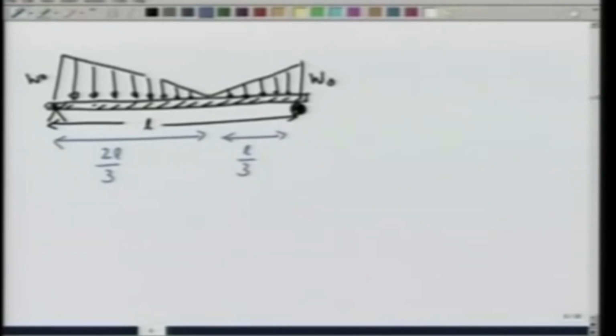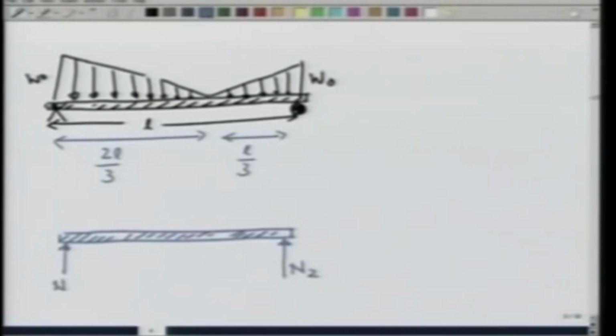So, for that what I need to do is take this beam and make a free body diagram. We will assume that the reaction at this point is N2, the reaction at this point is N1, and the forces due to the loading, I will split them into two, one due to this triangle to the left and one due to this triangle to the right.